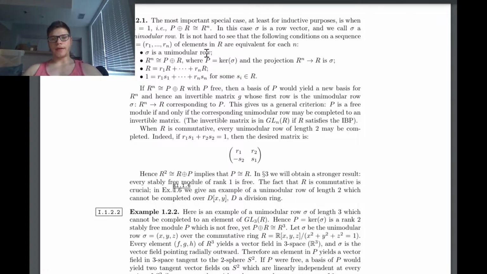So it's actually going to be the vector of the Si's, because the image of the projection is going to be 1. But this is symmetric in the Si's and the Ri's, so the Si's are also a unimodular row, and you still get the thing where it has to be independent with everything else.